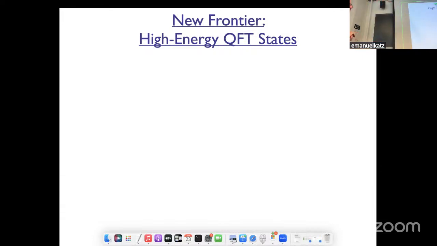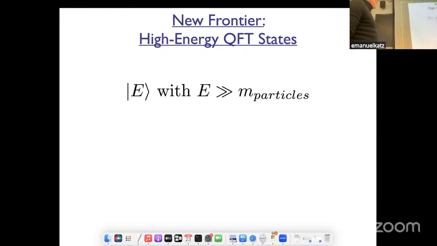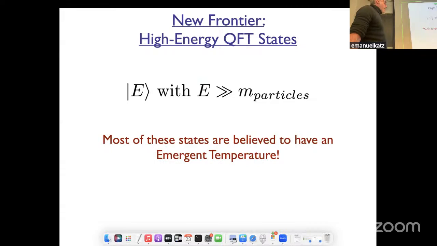So mostly I wanted to explain that there's an interesting regime where I think, in some sense, we ventured for the first time. And these are high energy quantum field theory states, states whose energy is much, much bigger than the typical mass of particles. And what's interesting is that people have, especially in the condensed matter literature, explored the idea of emergent temperature.